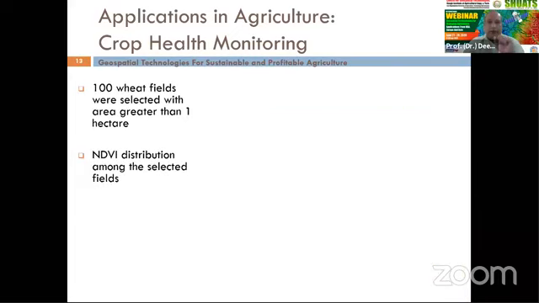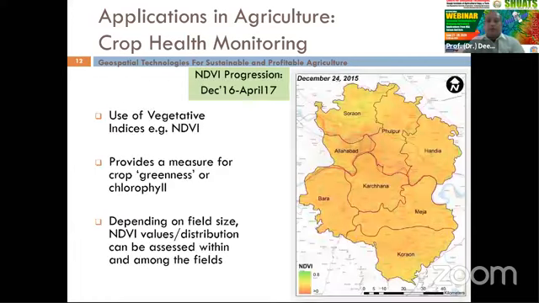So I have selected fields of Allahabad district whose area was greater than 1 hectare. When you are selecting data, for example satellite data, you need to make sure what information you need and at what scale or level you need it. Because if your fields are smaller than the resolution of the satellite image, you wouldn't be able to see them.